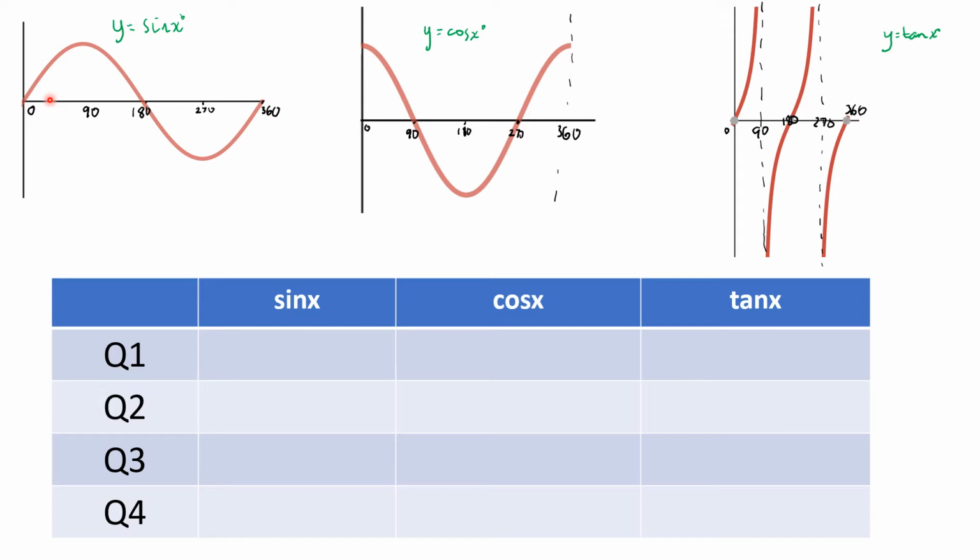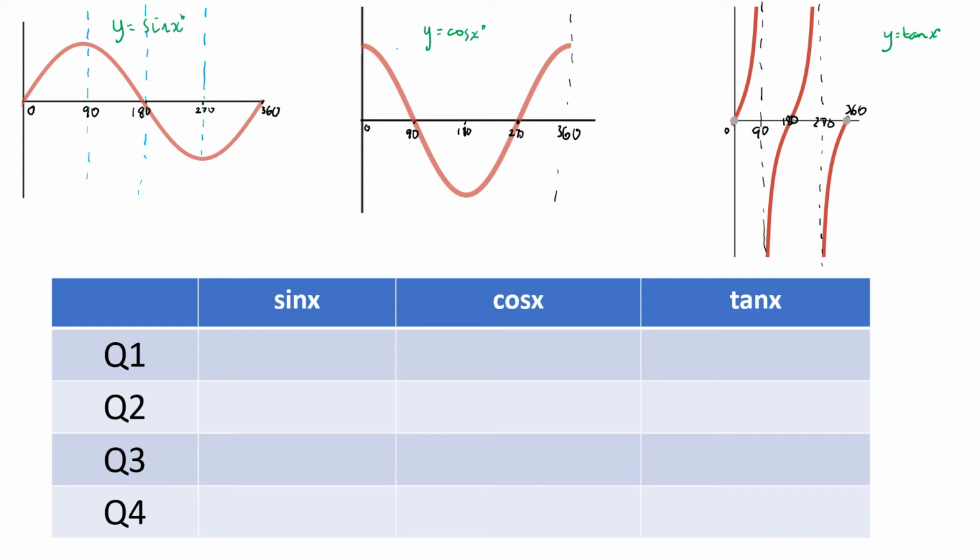So we're going to split each of these graphs into 4 equal parts. In order to do that, we're going to separate each graph into 90-degree sections. This is just for the sake of this activity. I'm going to draw a wee dashed line every 90 degrees.